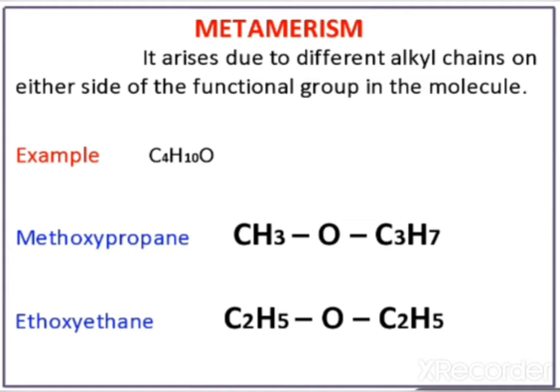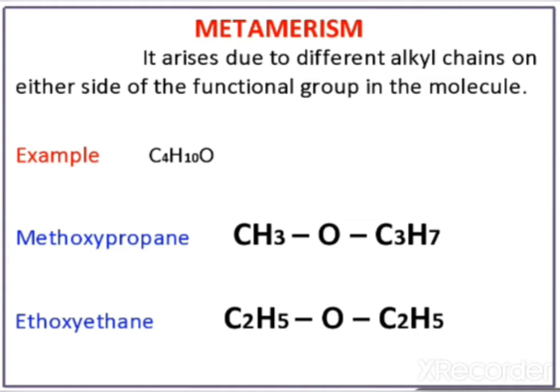In the second case, 2 carbons are on both sides. So this type of isomerism is metamerism. Now the definition is clear. It arises due to difference in alkyl chains on each side of the functional group. So this is metamerism.